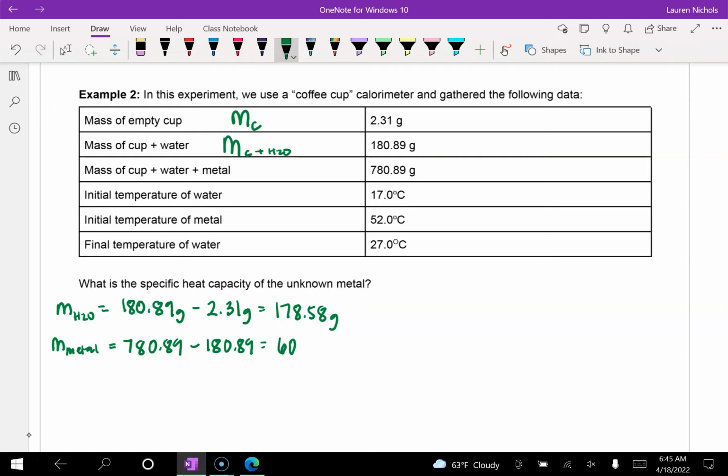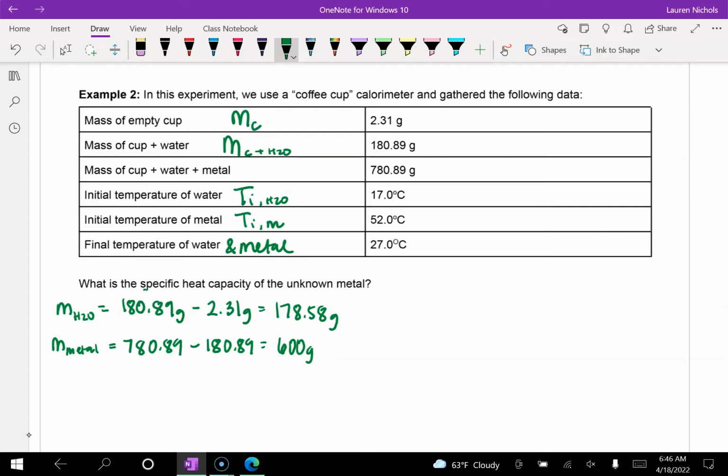So that's 600 grams. Now they tell us the initial temperature of the water, the initial temperature of my metal, and then the final temperature of the water, which we need to remember is also for the metal, is 27 degrees Celsius.